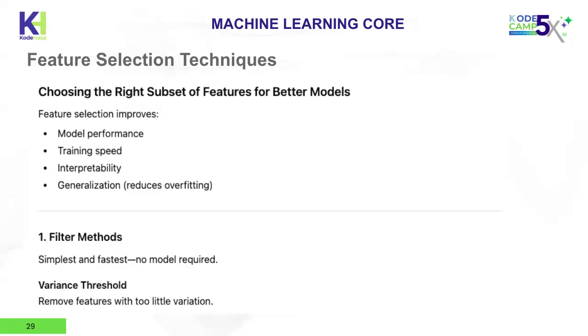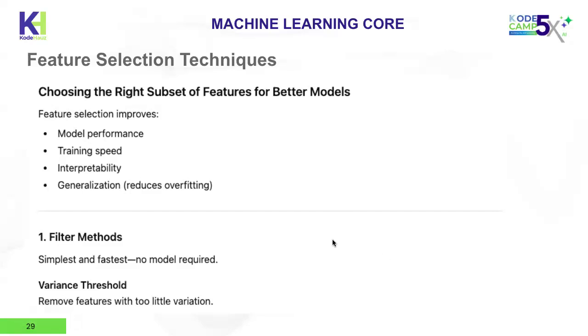What you want to achieve. The features you select may depend on what you want to achieve. You may want to improve the model performance, improve the training speed, improve interpretability, and improve generalization. So in that situation, you choose a method based on that.